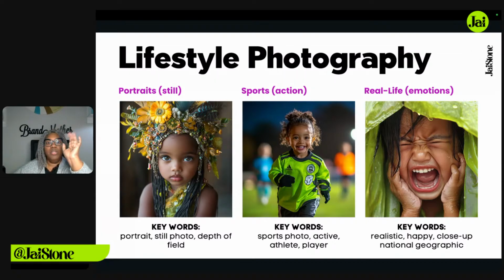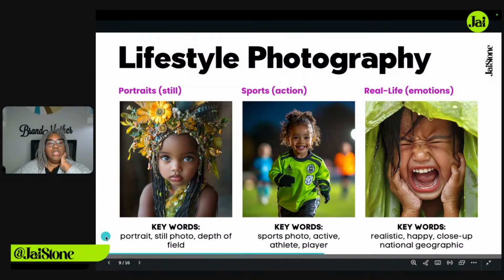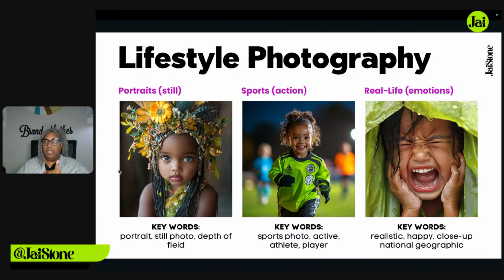So a lot of fine art, what you might see hanging in a gallery, is portraits of someone. Keywords to get a portrait is portrait, still photo, depth of field. Depth of field means that the background is blurred out. A lot of times people will just type blurry background, but the photography phrase is depth of field. That means I want some dimension between the subject and the background.